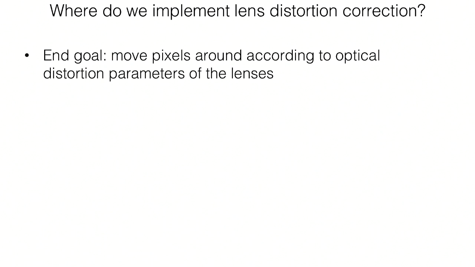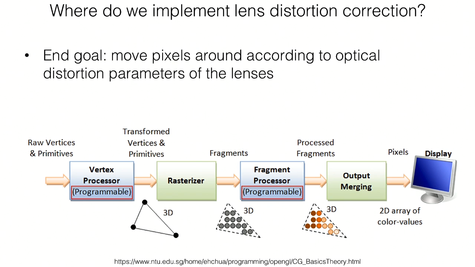So how do we go about implementing this? The end goal effectively is to move the pixels around to correct for this optical aberration by introducing a barrel distortion. We have two parts in the pipeline where we can do this, and essentially they are the two parts that are programmable. So we can either do this in the vertex processor or in the fragment processor.